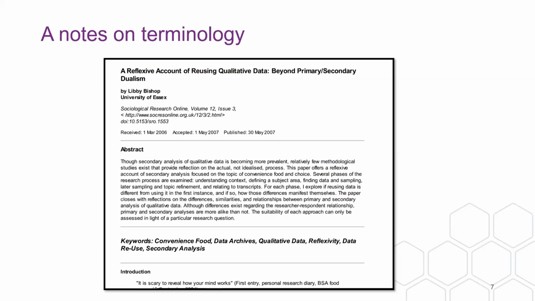In 2007, Libby Bishop wrote about the primary-secondary dualism within research, basically making the argument that there may be a privileging of methods where you go out to collect data yourself, and using terms like secondary analysis or secondary data reinforces that hierarchy. But actually, primary and secondary analysis are a lot more similar than different.